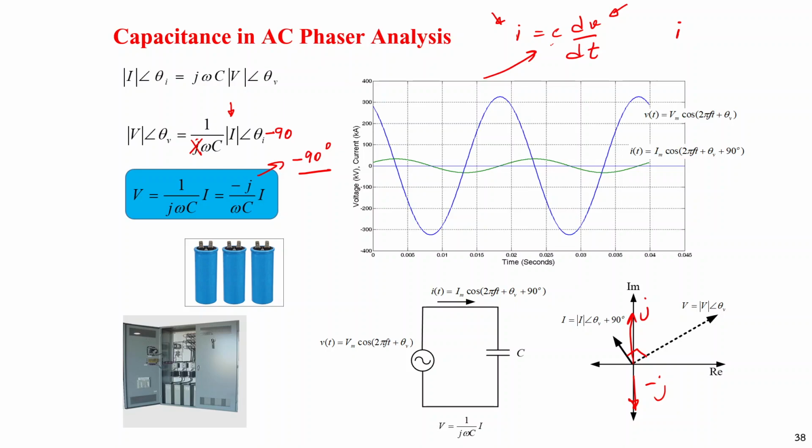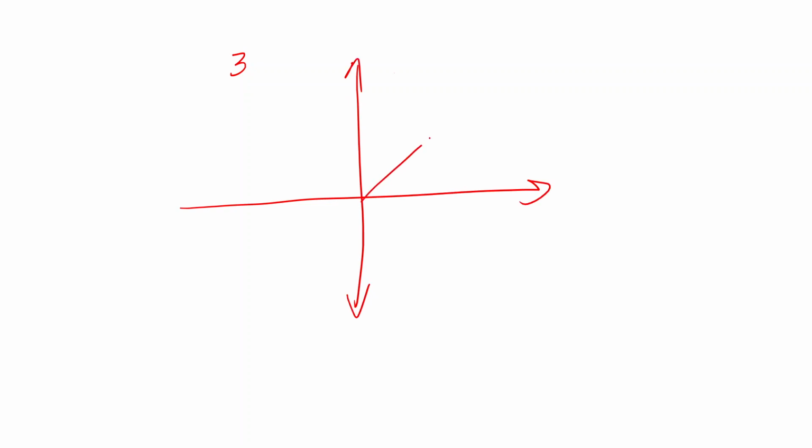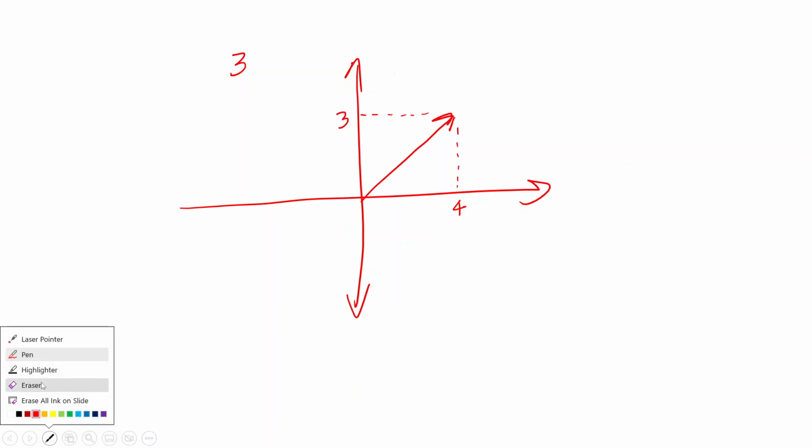Okay. So when I talk with EE students, I don't need to make this clarification. But J is I. Okay. If we have something like this, what is this vector?